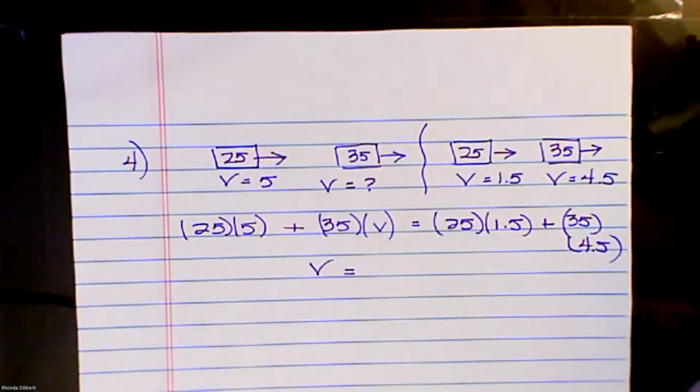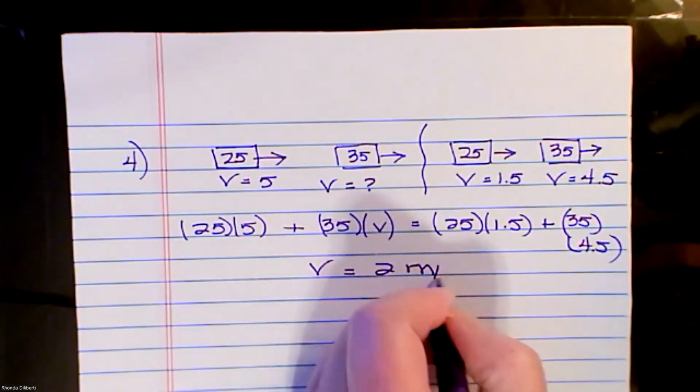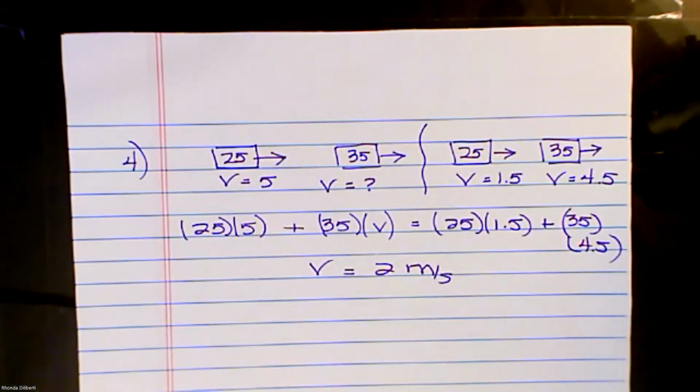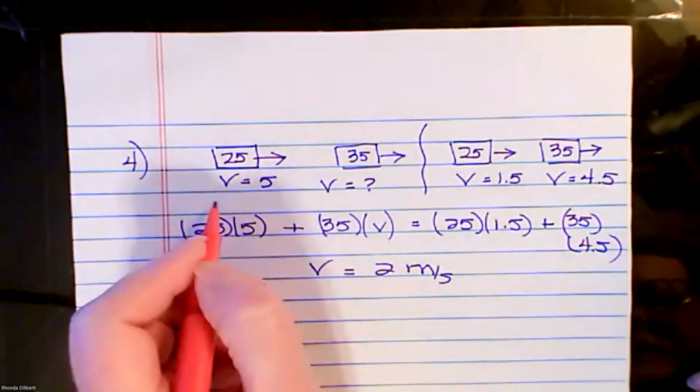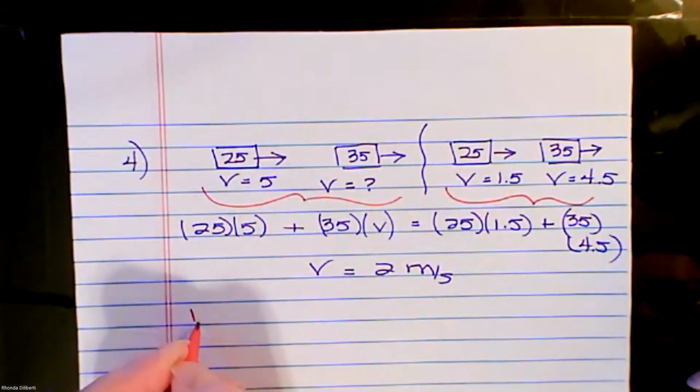Number crunch, and we find out that this is 2 meters per second. So maybe you're a little bit skeptical and you don't believe it's an elastic collision. So let's compare the kinetic energies before and after.